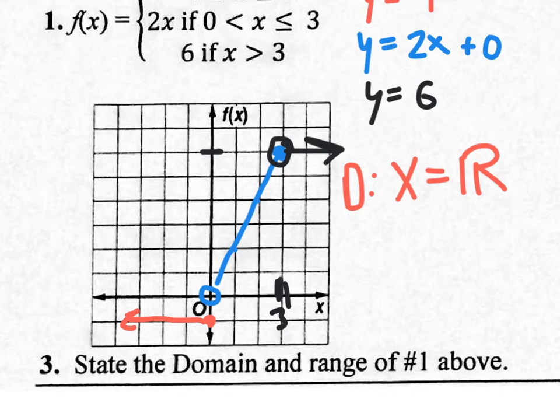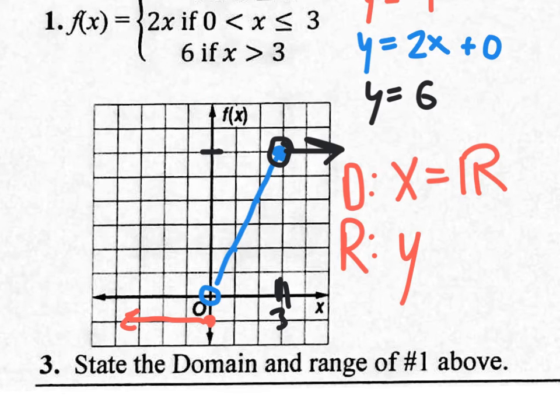Let's take a look at the range now. The range are your y values. And let's think about the y, which is really going up and down, right? So the question is, does this graph go up and down forever? No, it doesn't.